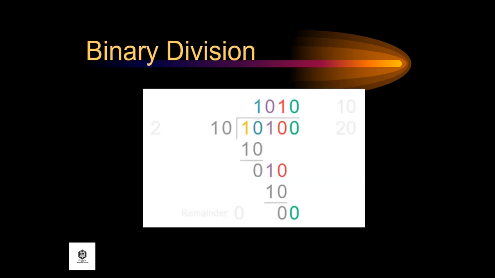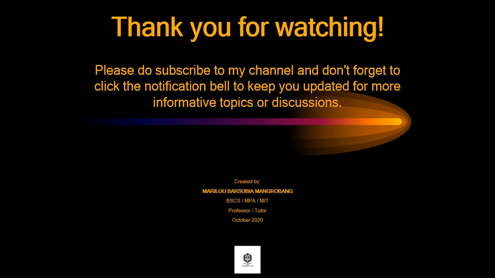So the answer, or the quotient, for binary division example number 2 is 1010, remainder 0, for the answer of 10100 divided by 10.